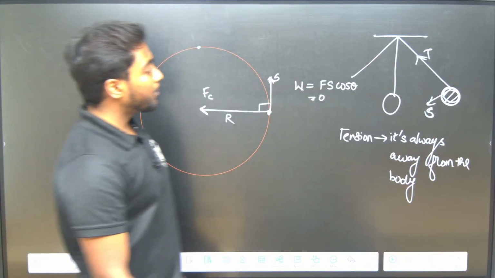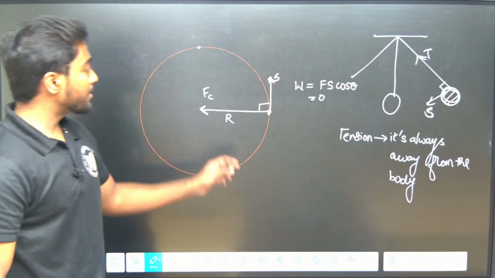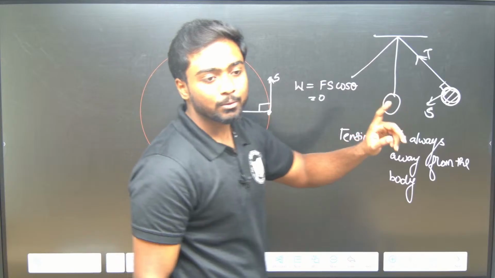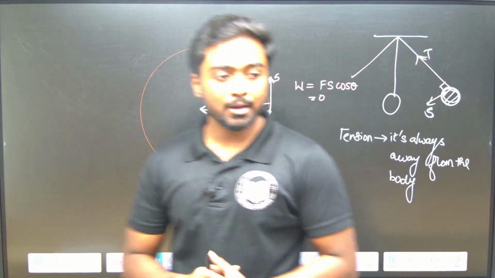So the angle between the force, that is the tension, and the displacement is again 90 degrees. In such cases, like a circular path or a pendulum oscillation, the work done will always be equal to 0.